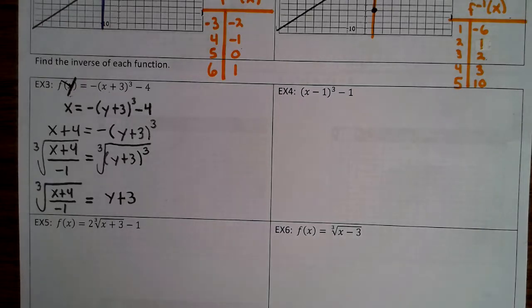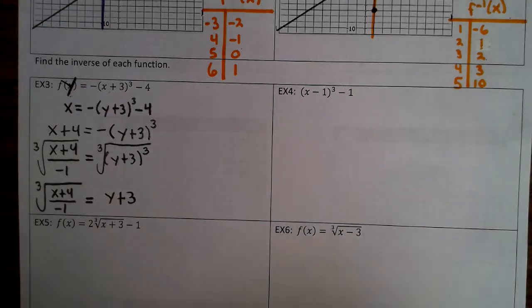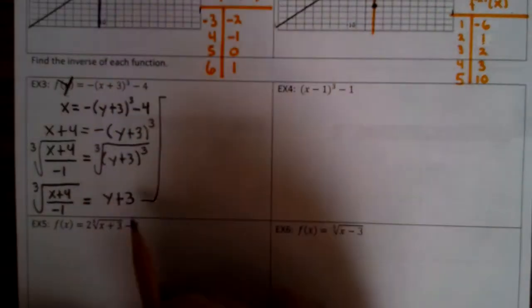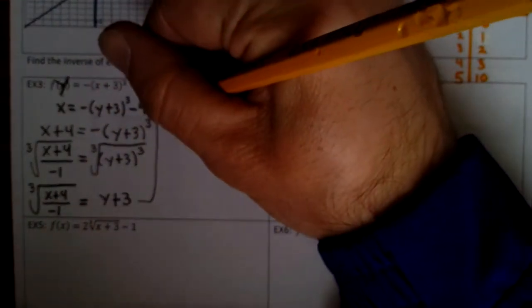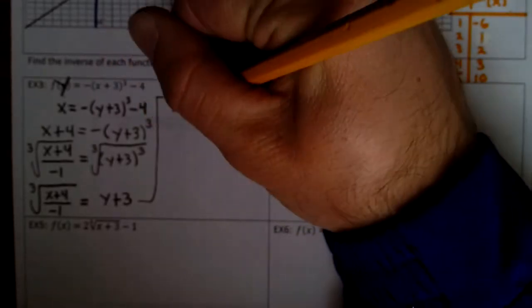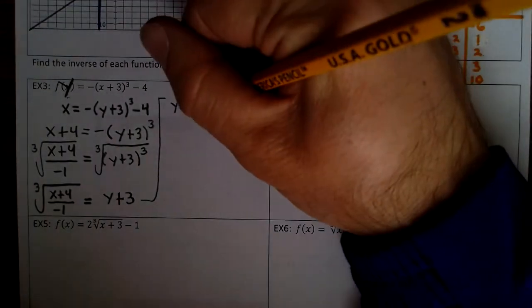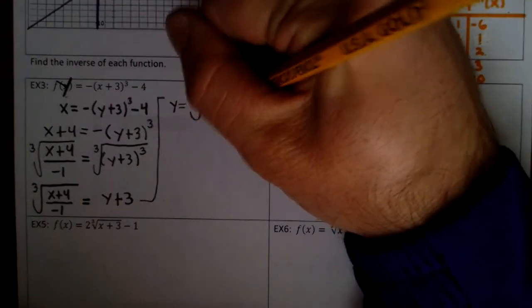And then last step, we're going to subtract 3 from both sides. So y equals the cube root of x plus 4 divided by -1 minus 3.